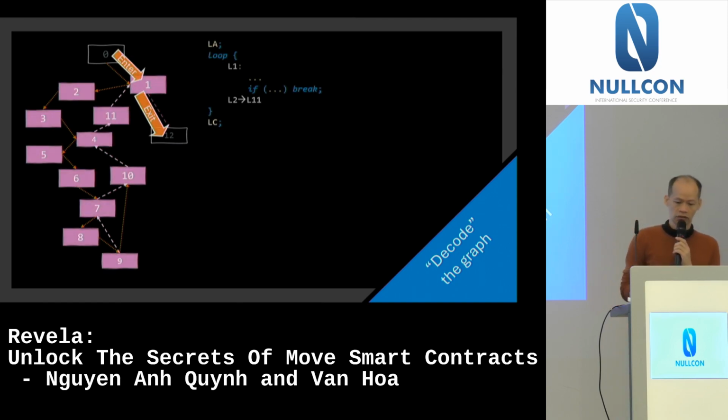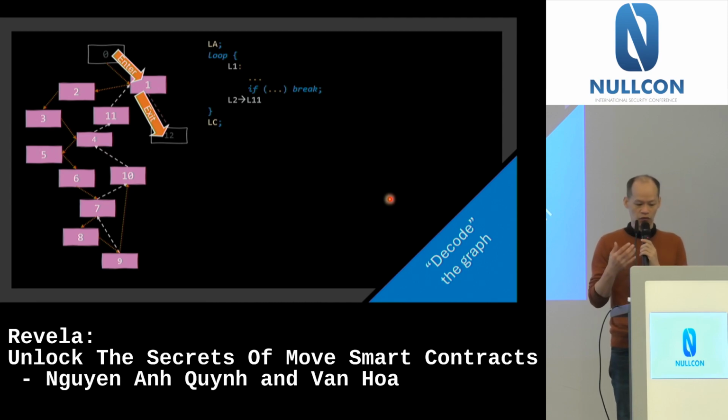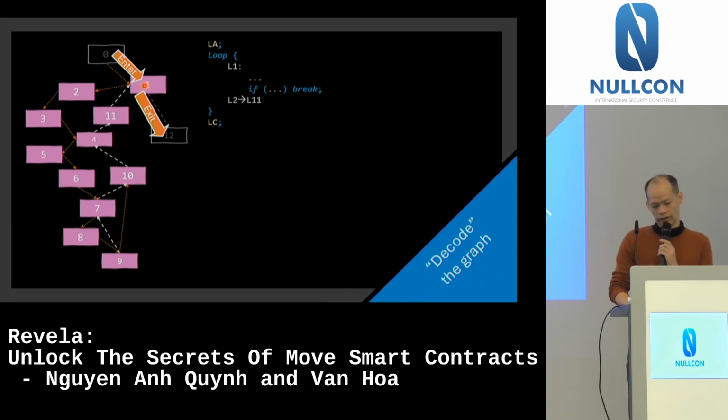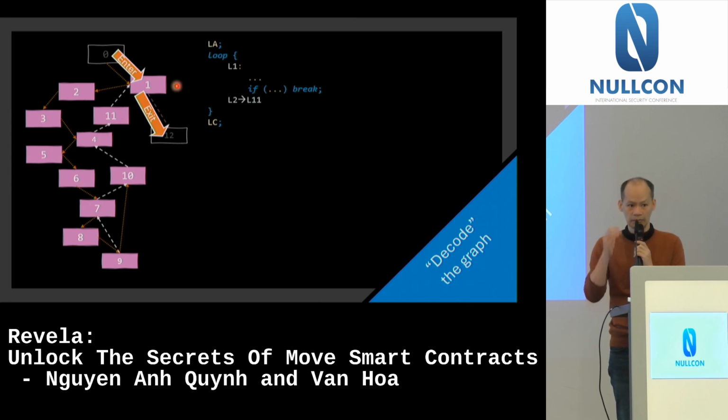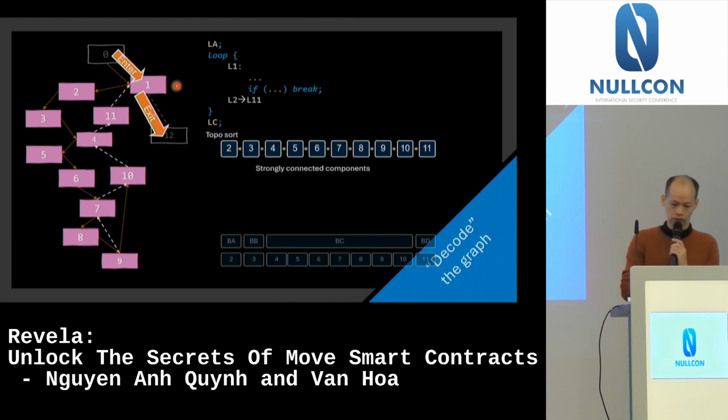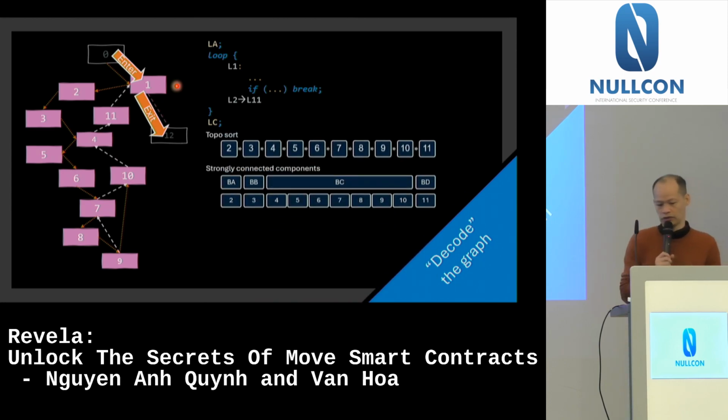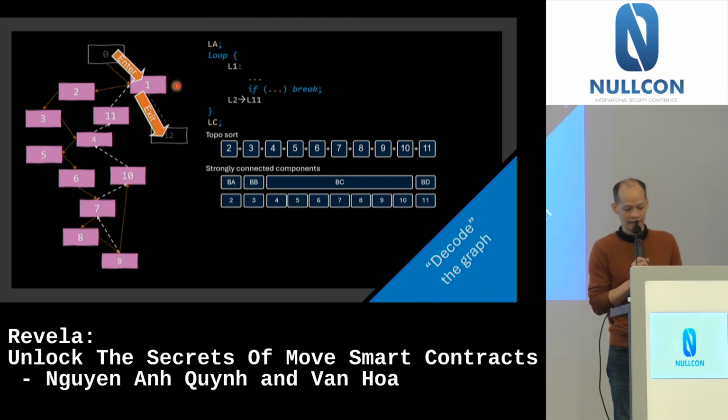Now we continue to analyze blocks 1 to 11, right? You can see that we enter block 1, but block 1 can exit to block 12 immediately, which means that block 1 is something like a break statement at the beginning of the loop. So the structure of the SCC is like this.